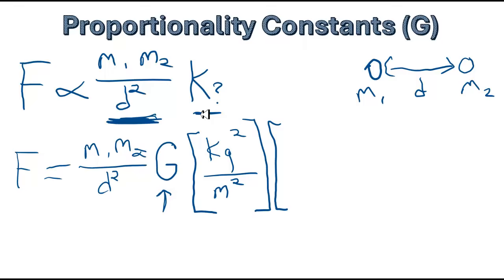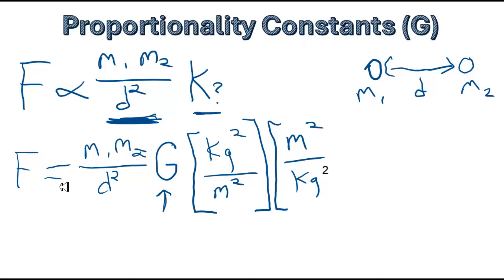Because this is a proportionality constant, to determine the units of G, first we need to invert the units for the variable. So I'm going to write meters squared over kilogram squared.